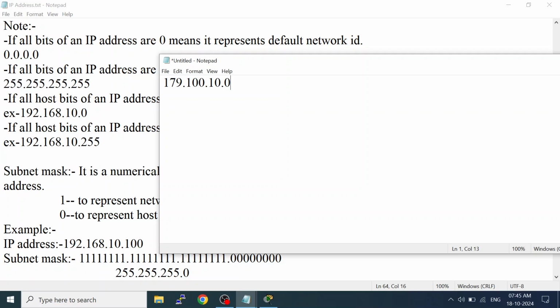This IP belongs to which class? Class B. How many blocks for network? 2, and 2 is host. So all host bits are 0? No.